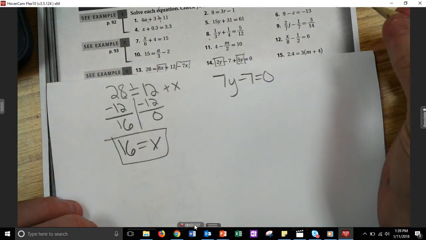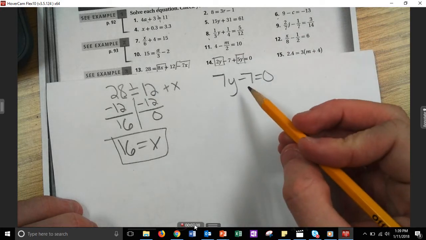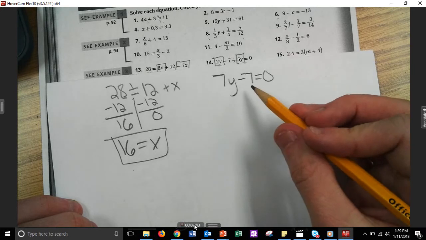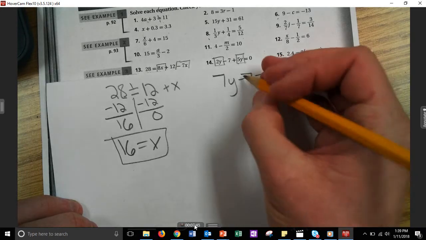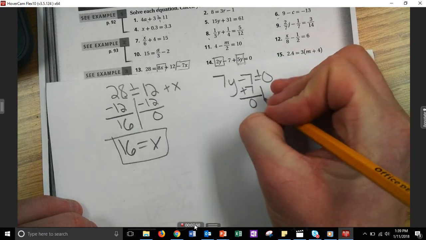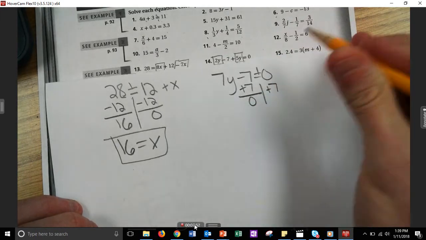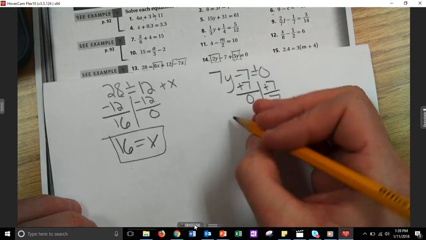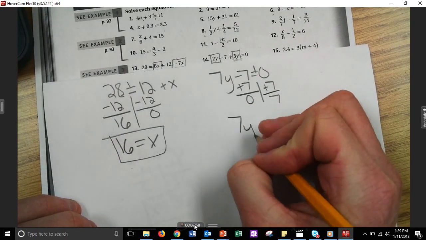And there's two more steps we got. So then we need to do the inverse operation of subtracting 7. And obviously the opposite of subtracting 7 is adding 7. And balance it out. Add 7 to this side. And 0 plus 7 is just 7. You can rewrite the equation.